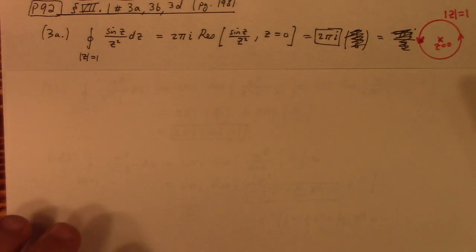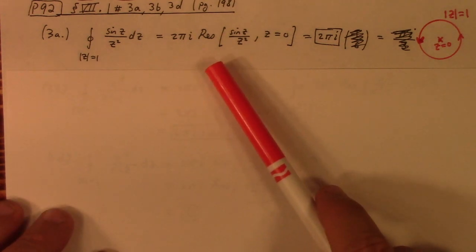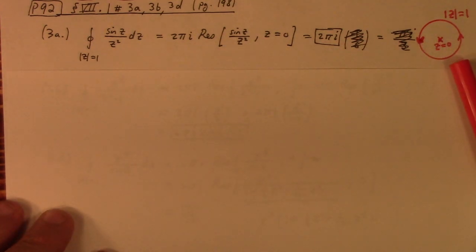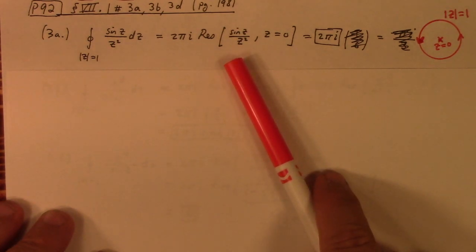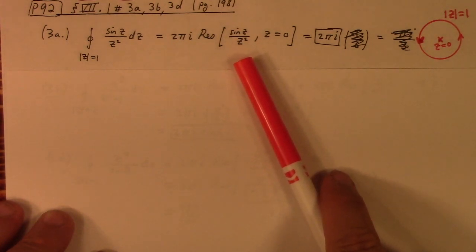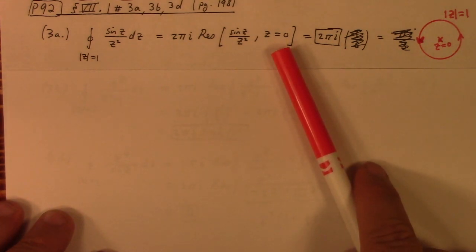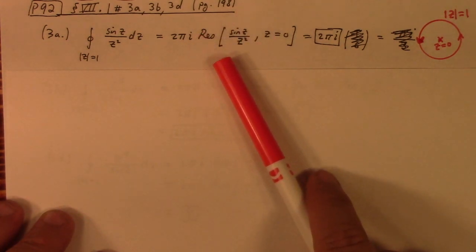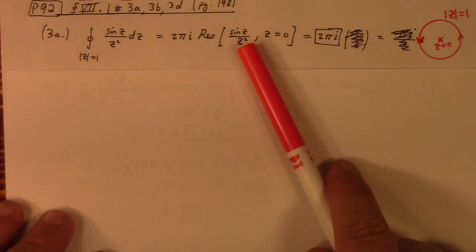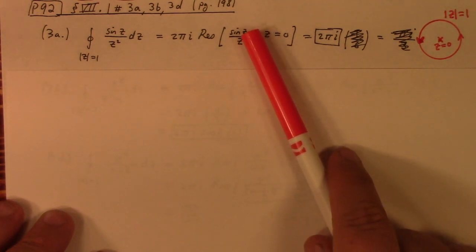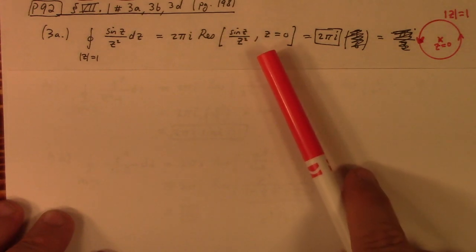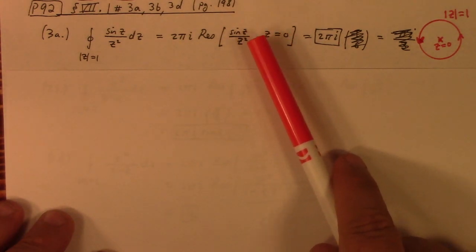And so there's only one, the double pole at 0. We can calculate the residue of sine z over z squared at z equal to 0, and we get that it is 1. Now how do I do that? Well, the derivative of sine is cosine, and cosine evaluated at 0 gives us 1.